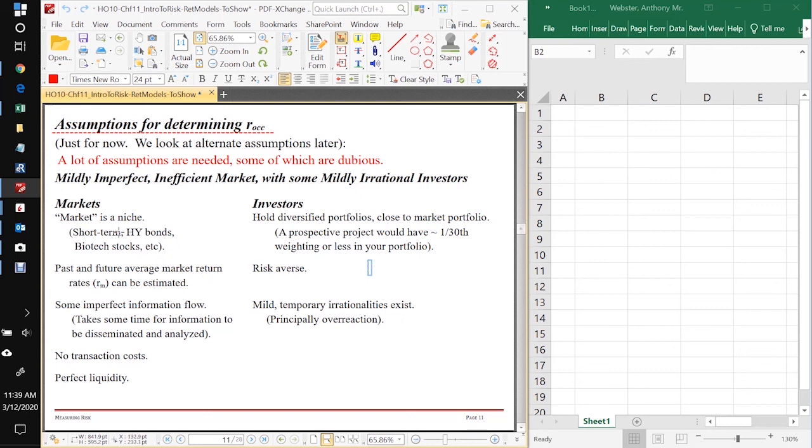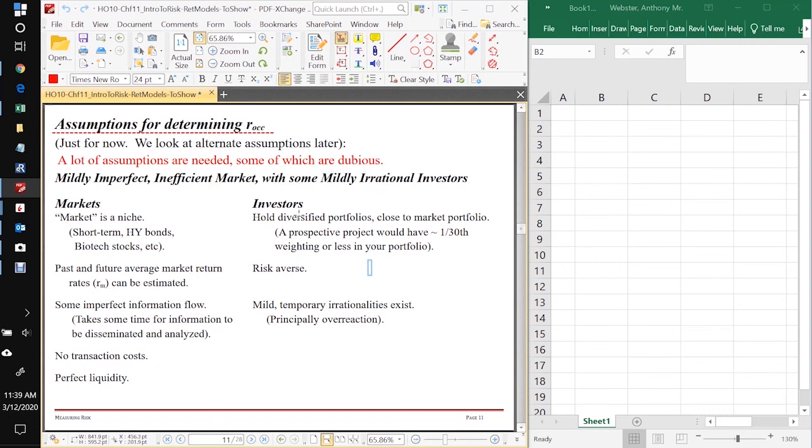For example, there's no transaction costs and perfect liquidity. Both of these are clearly bogus assumptions, right? But we go ahead and use them anyway because the model results, even with these bogus assumptions, are pretty good. Again, all you really need to know on this page is that a lot of assumptions are needed, some of which are dubious.